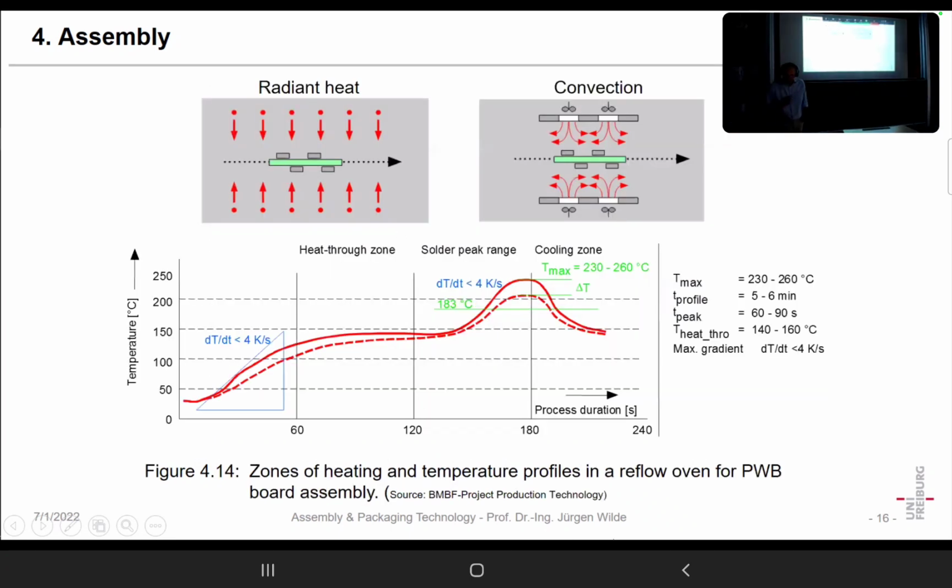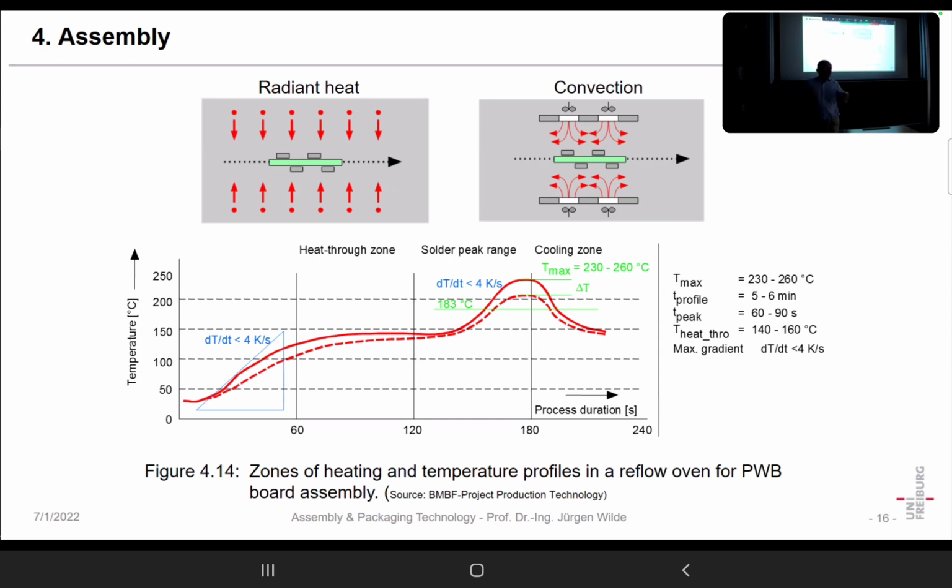Okay, the soldering. What we can see here is a standard soldering profile. We have already seen in the ceramic materials that you cannot just go to the temperature and say, okay, now it's sintering or soldering.